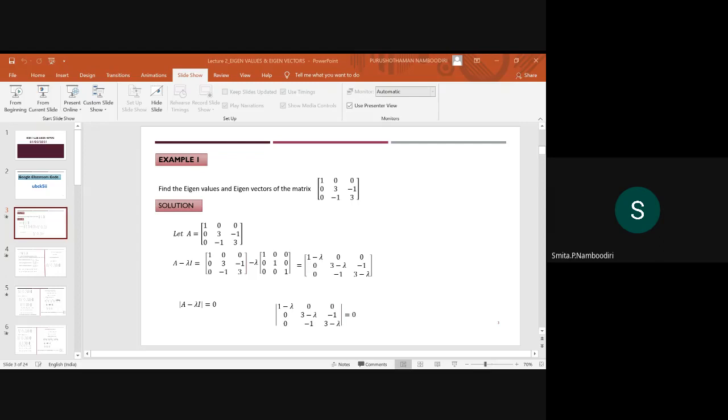The fourth slide is seen now. The PPTs are not moving, I think. Can you see the fourth slide? No, it's not moving. What is the reason?